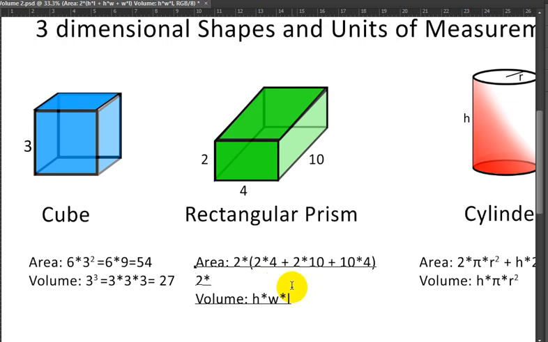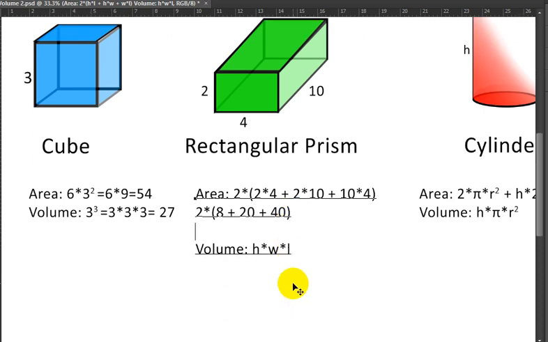So it would be 2 times 4 makes 8, plus 2 times 10 makes 20, plus 10 times 4 makes 40. And now I can add these up, in which case I would get 2 times 8 plus 20 is 28, plus 40 is 68. So 2 times 68, which makes 136. So that would be the area.